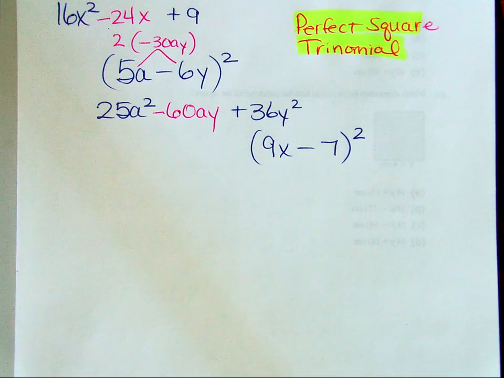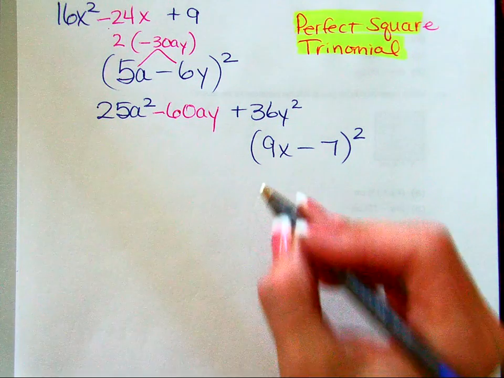Oh, I gave you, that didn't need to be, but you could do it. Bigger number. Square the first, square the last, multiply, then double to get your middle term.